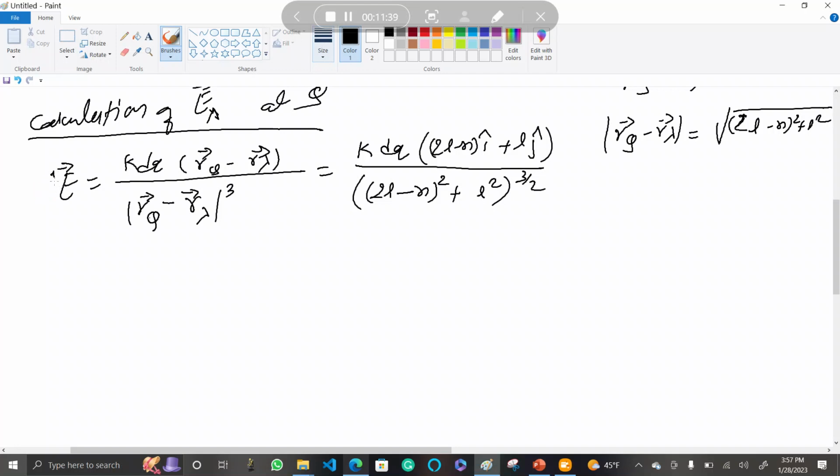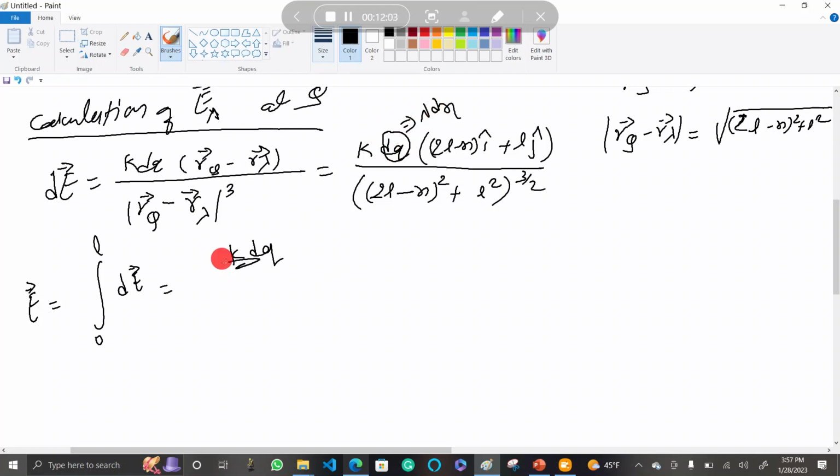Let me say this is d, then E, because of the whole charge distribution, is the integral from x equal to 0 to L of dE, which is equal to k dq. dq is what? I have not replaced that. dq is lambda into dx.